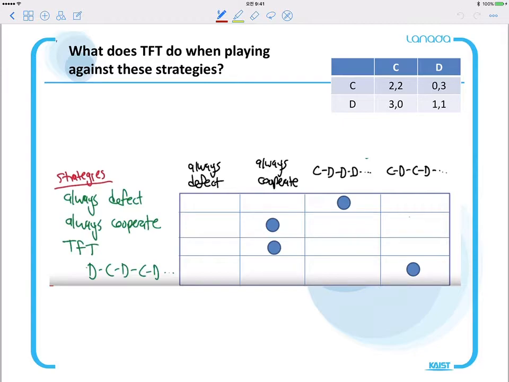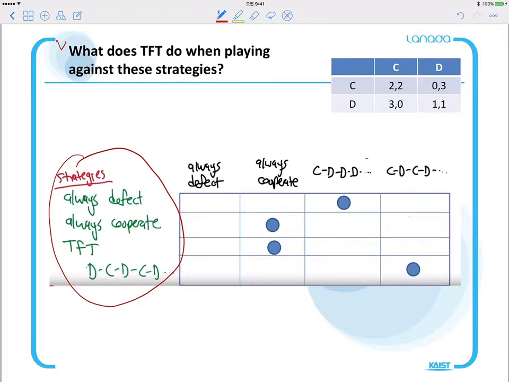Now let me ask the question. We're going to ask the questions one by one, so that we can have a clear understanding of what happens in the infinite repeated game. What does Tit for Tat do when playing against these strategies?